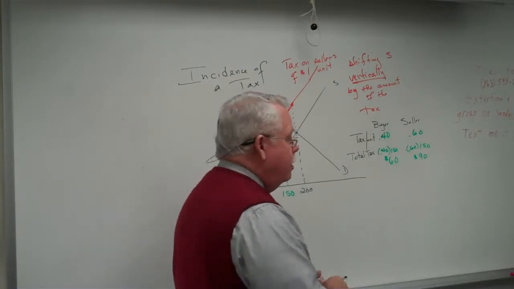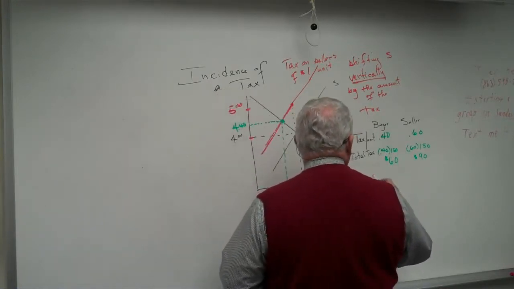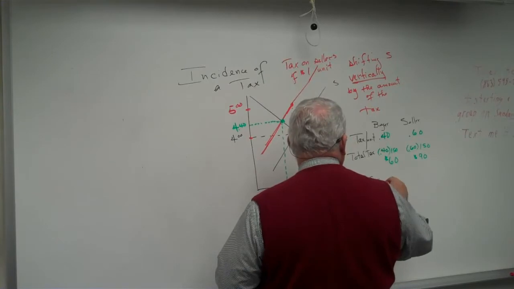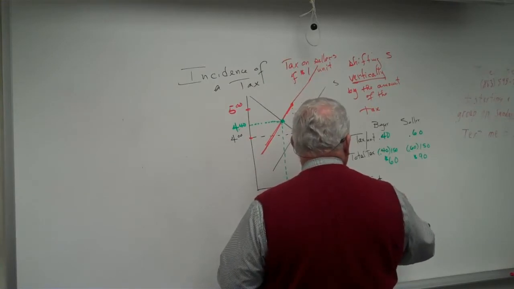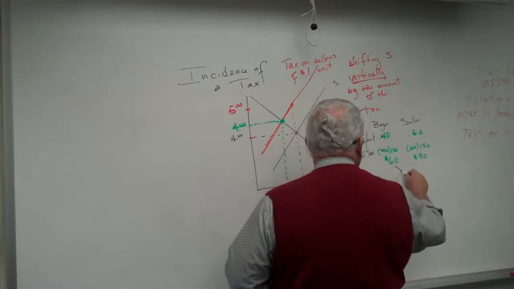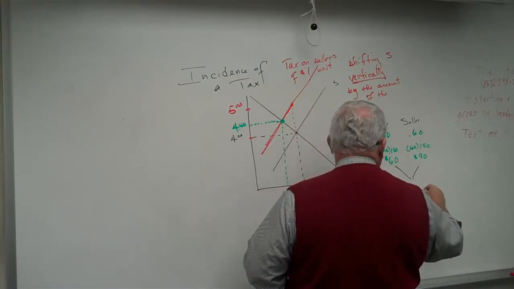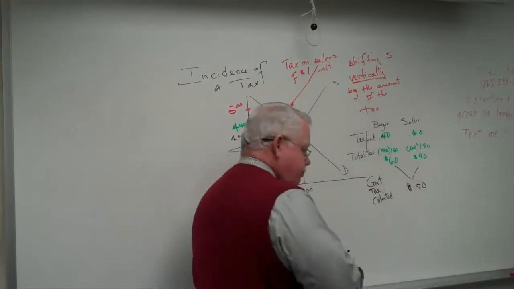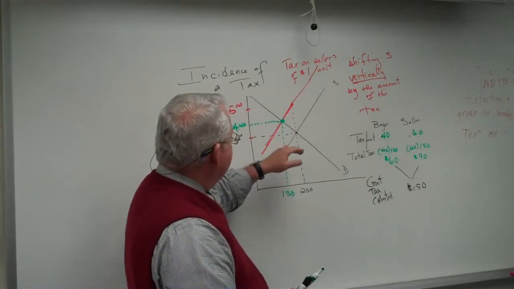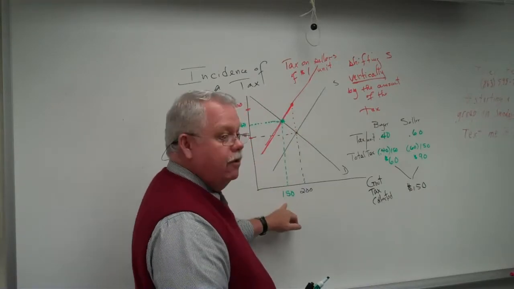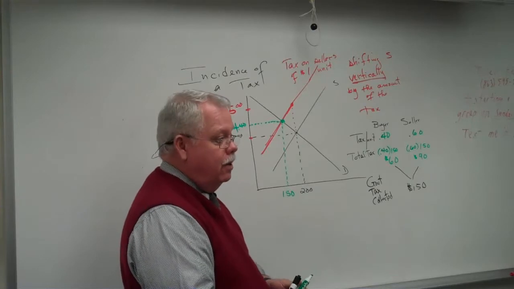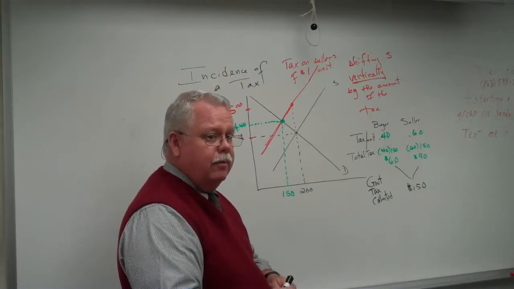Okay? And how much tax did government collect? 150. The two together, which should be fairly obvious. If it's a $1 tax apiece and they sell 150 of them, bingo, $150. So the seller is still making a profit?